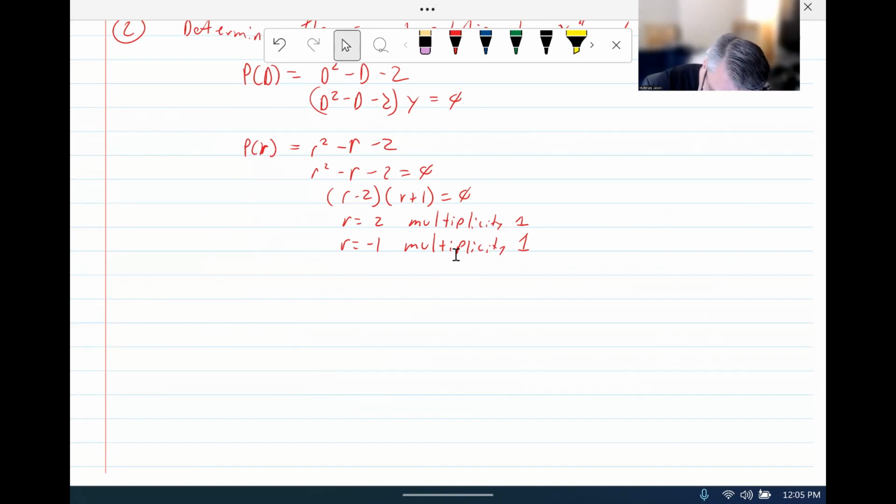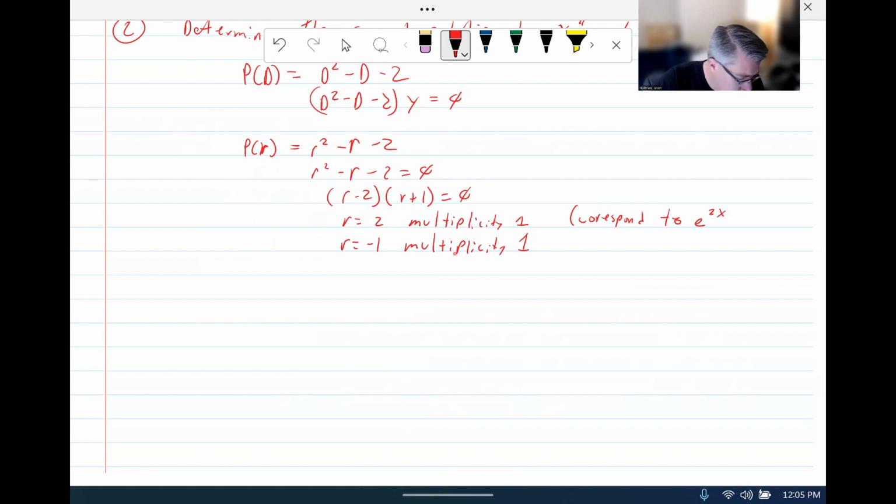So this is going to correspond to e to the 2x. Okay, no x in front because it's 1 minus 1. Multiplicity 1 would be 1 minus 1.